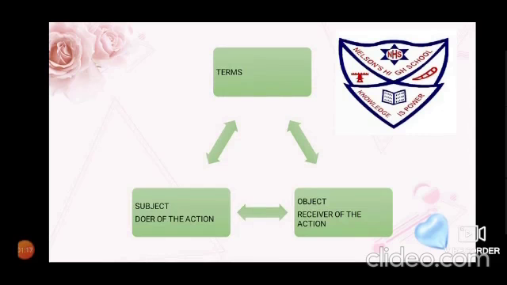The action that is performed is called your verb, and the receiver of the action is called the object of the sentence. Or in simple words, the one who receives the action is called the object of the sentence.